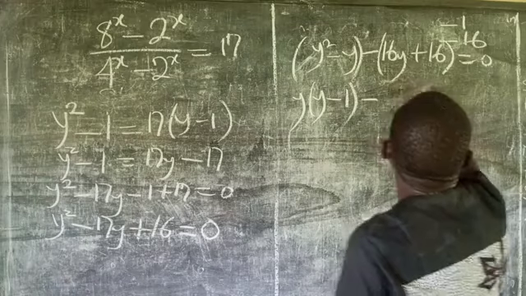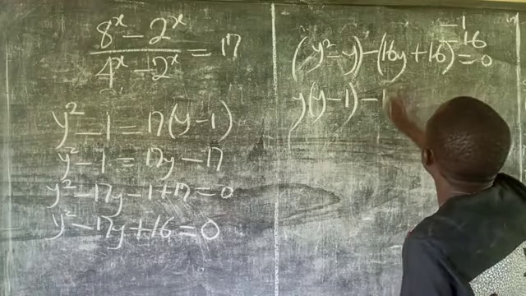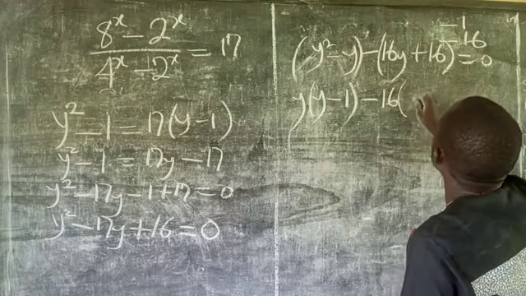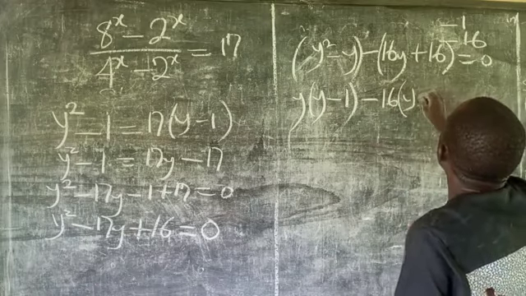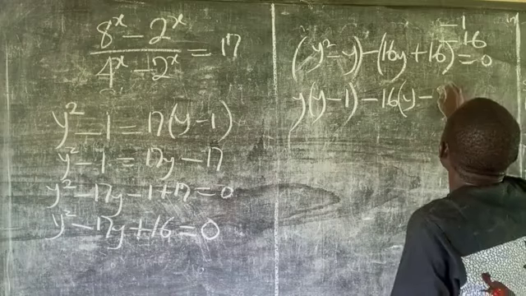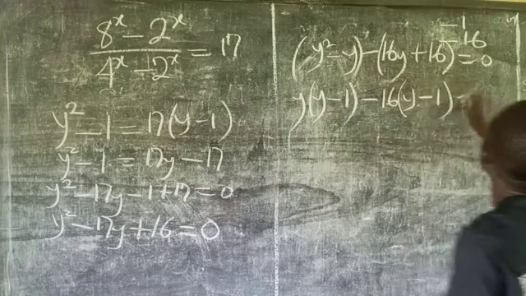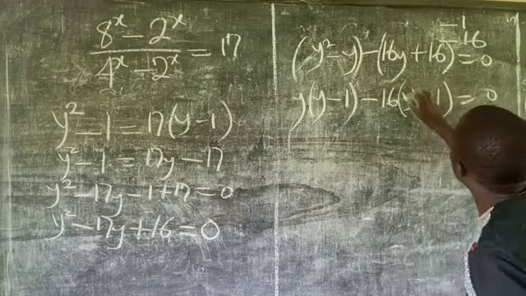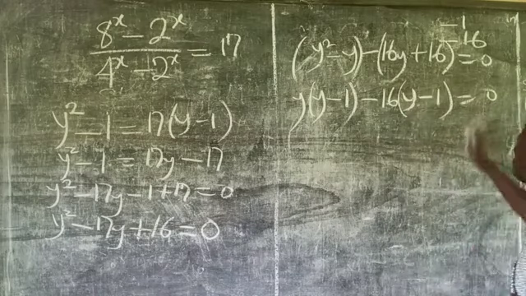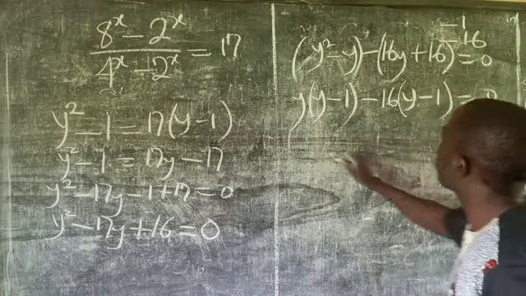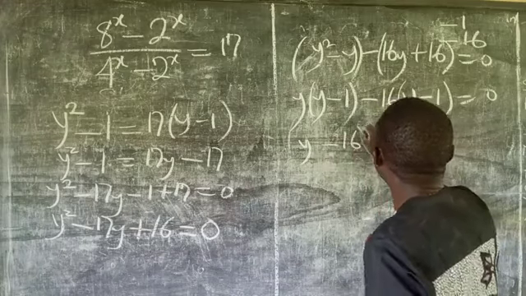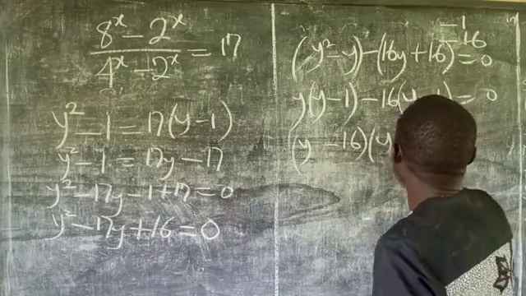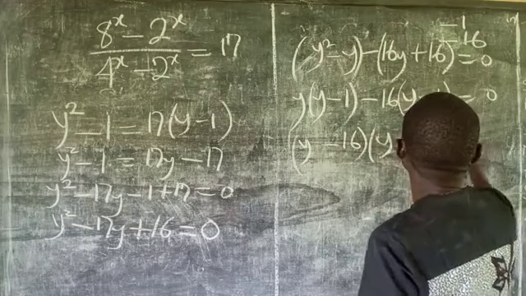Then what is common here? We have 16. We take away 16, and here will be minus 1, this will add on. The bracket is the same, so we have y minus 16 and y minus 1 equal to 0.